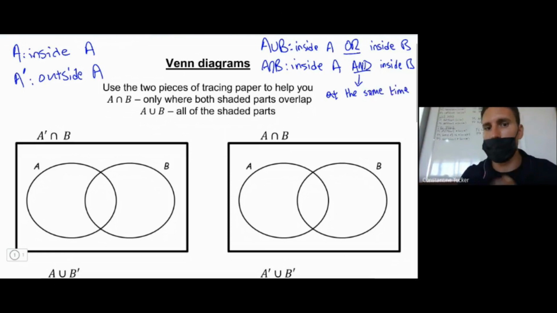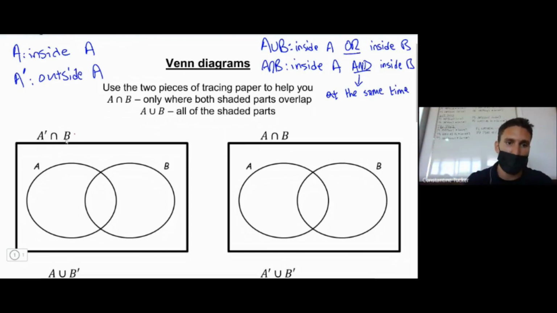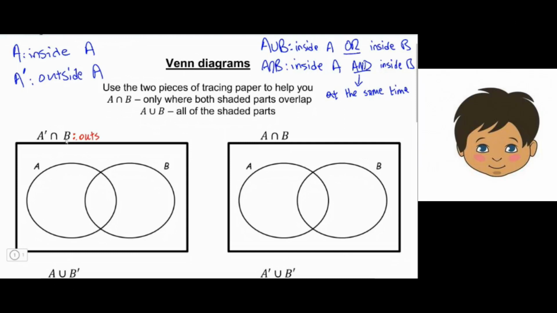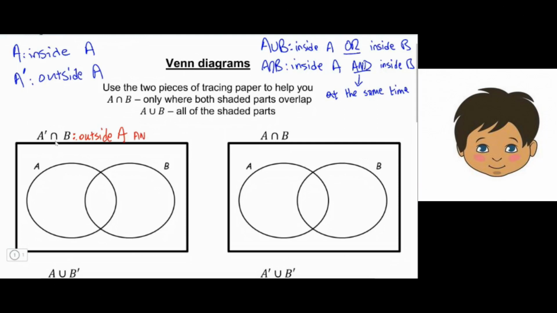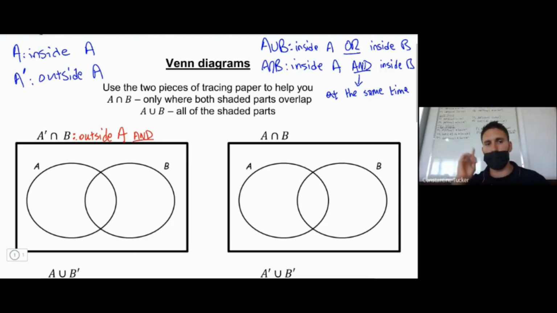So let us get started. The first thing we'll do here is we will translate these problems into English. A dash intersection B. Let's use the language from above to translate this. A dash is outside of A. Intersection means the ones that are in both A and B. And, simple word and.